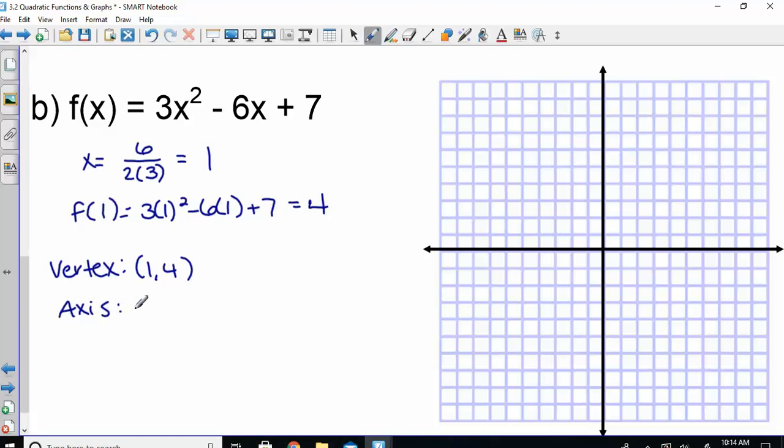Axis of symmetry would be what? And we have to give it as an equation, so it would be x equals 1. It's a vertical line, so always x equals. How do we get the y-intercept? Plug in 0. If we put in 0 for all of our x's, we get 7.